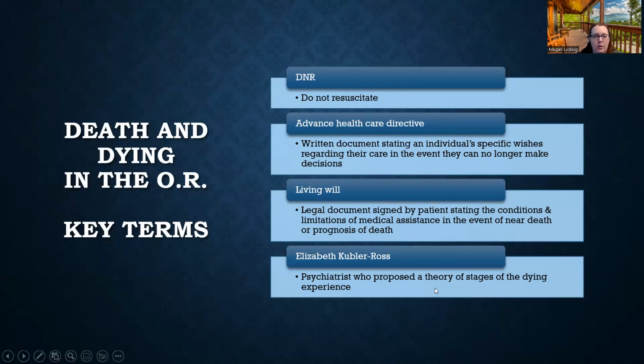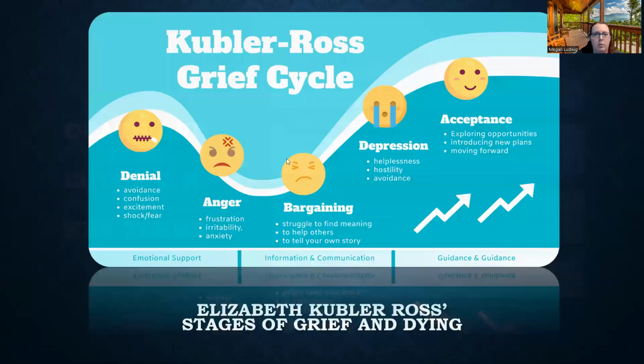And this other one here, Elizabeth Kubler-Ross, maybe you have heard of this person before. She's a psychiatrist. I think it was back in the 1940s. It's been a long time, but she's one who proposed a theory that there are stages of the dying experience. And here's the next cycle here.